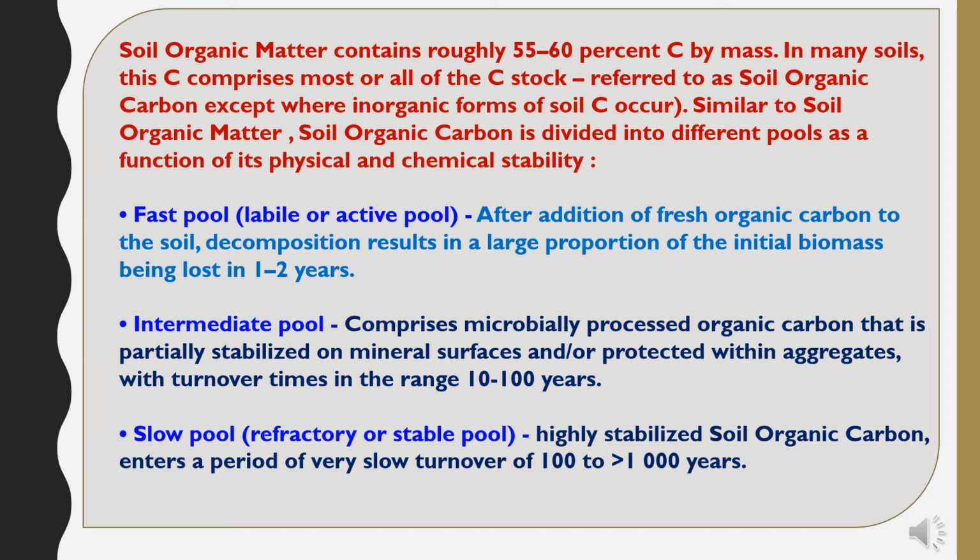Second is the intermediate pool, which comprises microbially processed organic carbon that is partially stabilized on mineral surfaces and or protected within aggregates with turnover times in the range of 10 to 100 years. Third is the slow pool, also known as refractory or stable pool. This is highly stabilized soil organic carbon, which enters a period of very slow turnover of 100 to more than 1000 years.